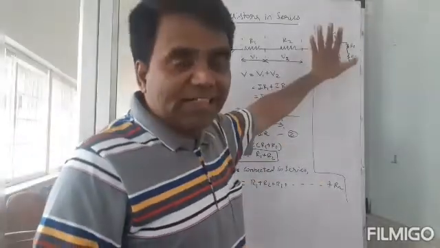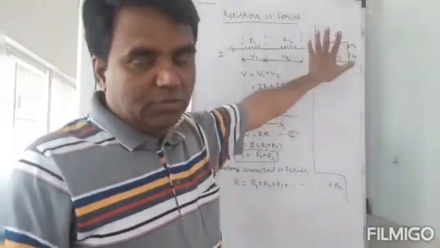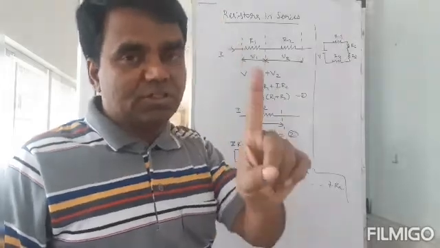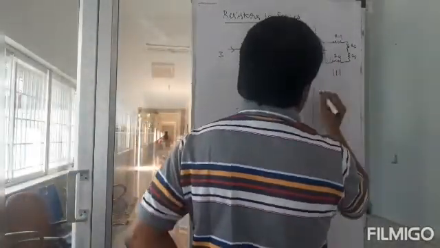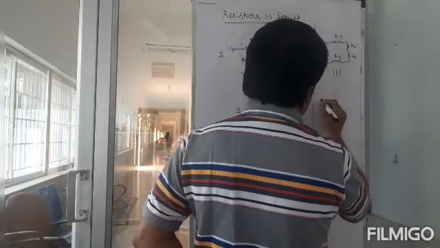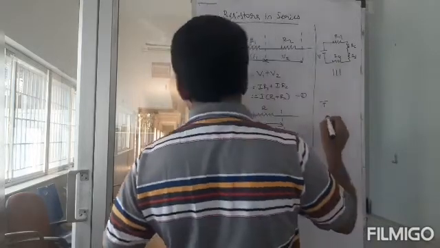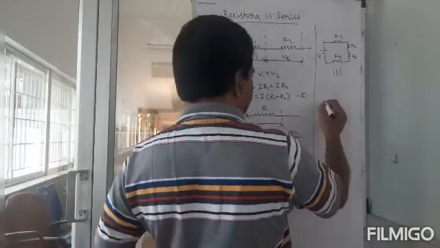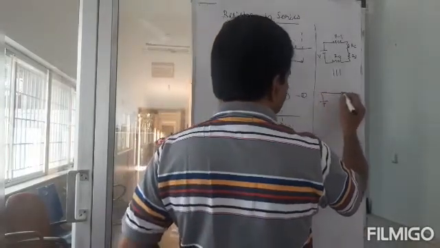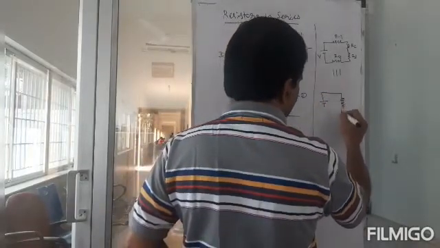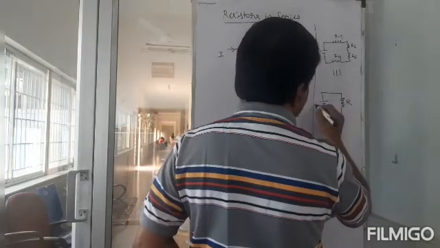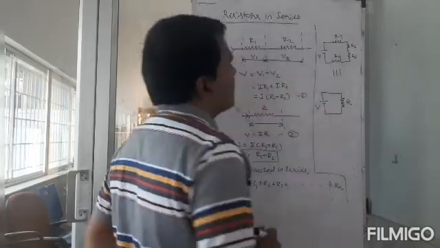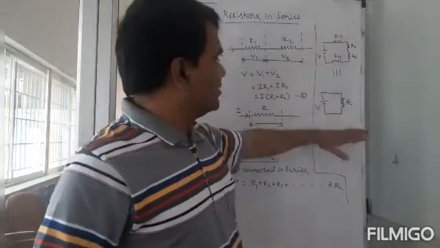I'm going to replace the entire circuit with just one resistor, like this. This must be equivalent to one battery here and one resistor here, V and R. I'm going to replace the entire thing with just this.